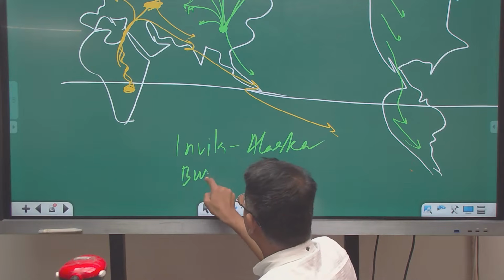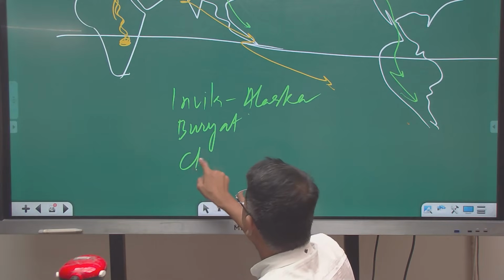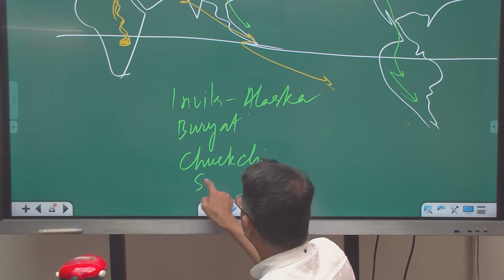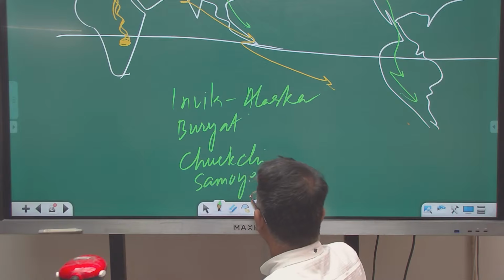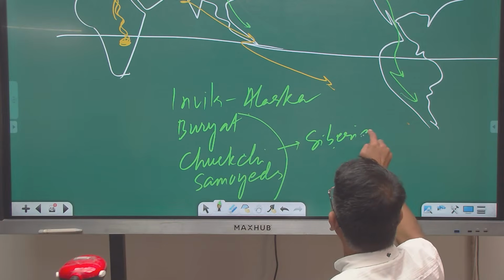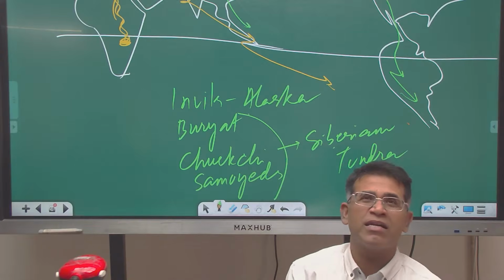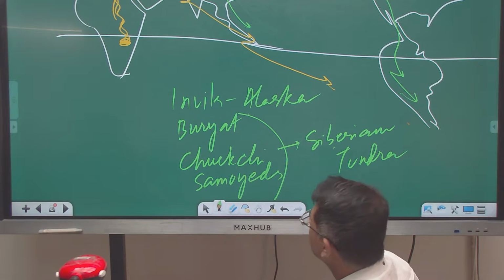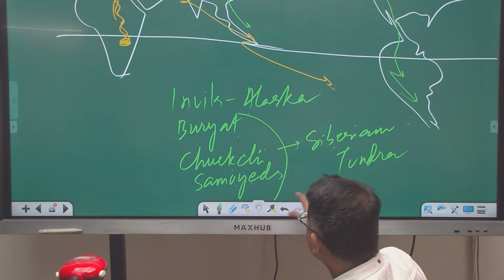We have Buryat, Chukchi, Samoyeds. These are the people of the Siberian tundra. Inuits are in Alaska, in Canada, and parts of North America, US. Buryat, Chukchi, Samoyeds are part of the Siberian tundra.